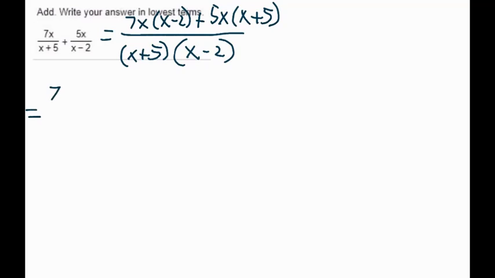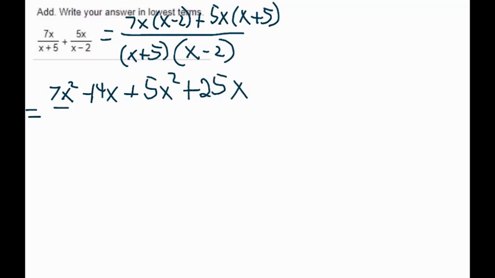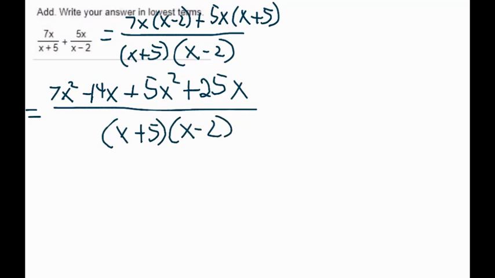We get 7x squared minus 14x plus 5x squared plus 25x, and again this is all over x plus 5 times x minus 2. Now we're just going to combine like terms in the numerator.